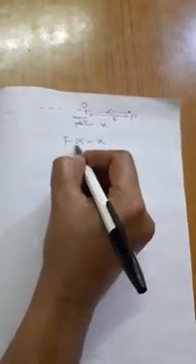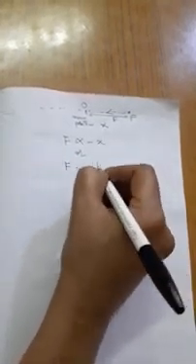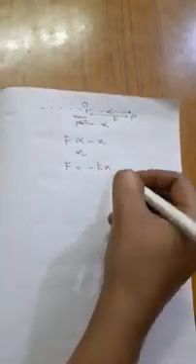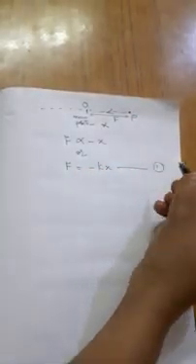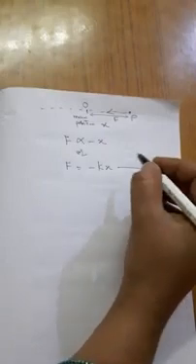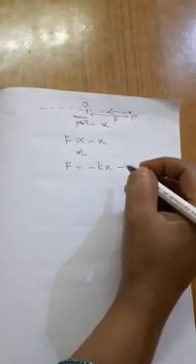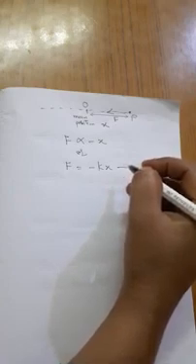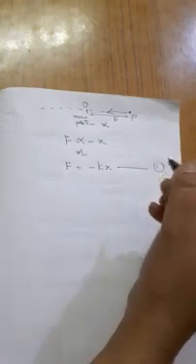To remove the proportionality, we introduce a constant, and write F is equal to minus kx, where k is a proportionality constant. Let us take this as equation number 1.